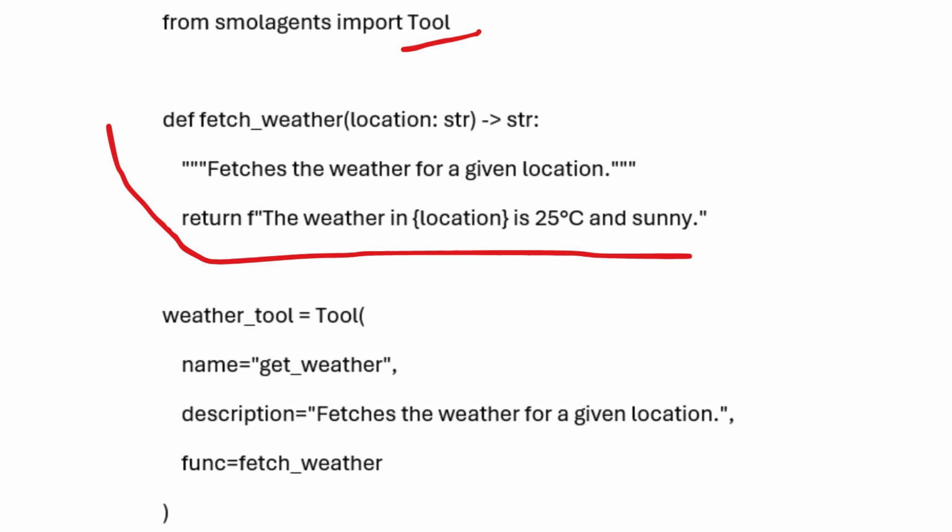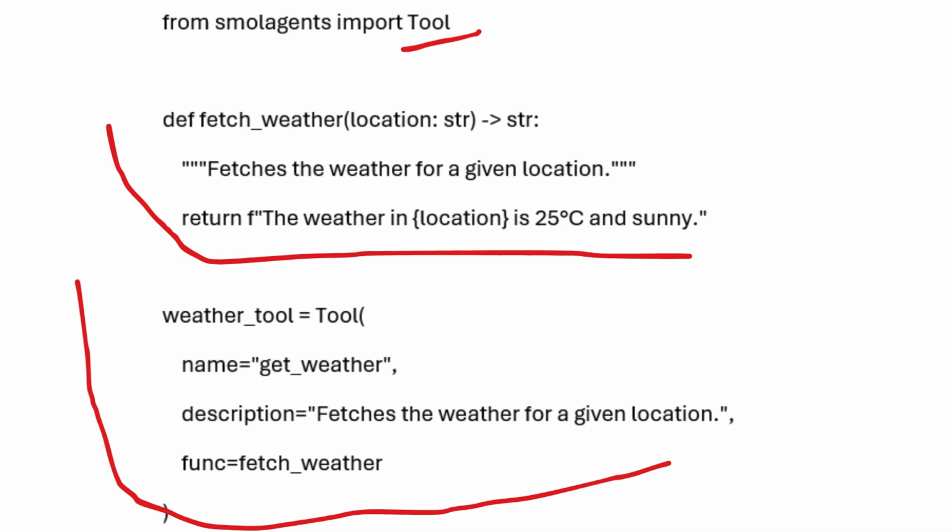Just like before, this function isn't actually fetching real weather data, it's just returning a placeholder response. But the key thing to notice here is that this function is not yet a tool. To make it a tool, we need to wrap it inside a tool object, which brings us to the next part. Step 3, creating a tool object.